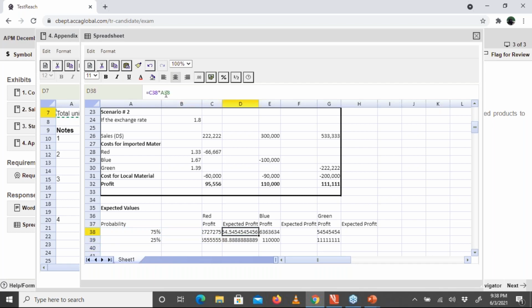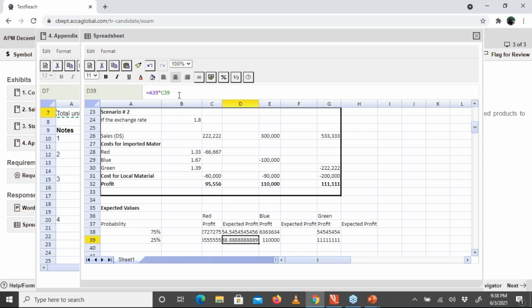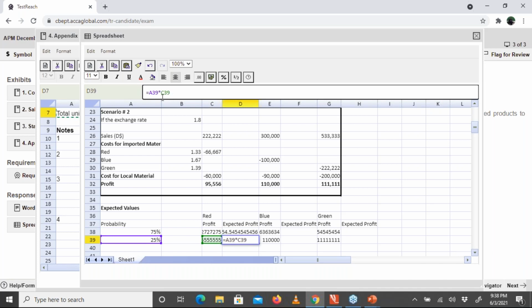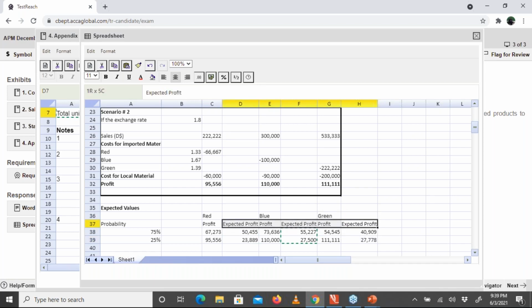Now I'll lock this cell, because if I lock this cell, I'm going to save a lot of time for myself, because ultimately I could simply copy paste. I copied it here. Now see, I'll do the formatting correctly. And when I copy paste, this is here, this is here, this is here, this is here. So resultingly, this is what the expected profit is going to be.